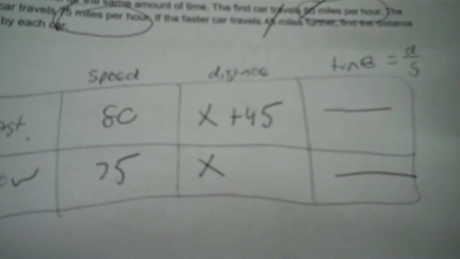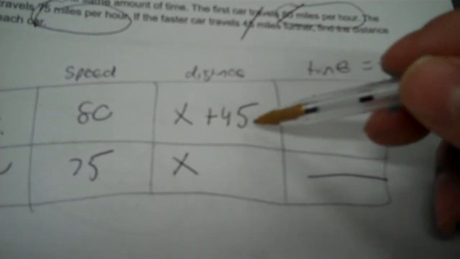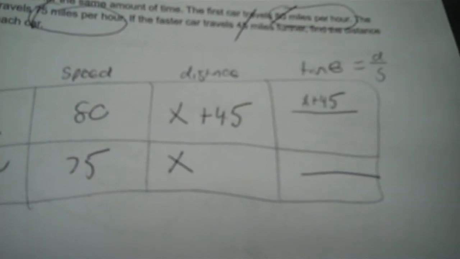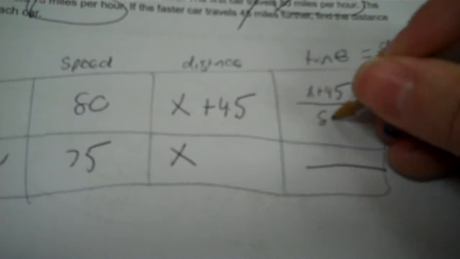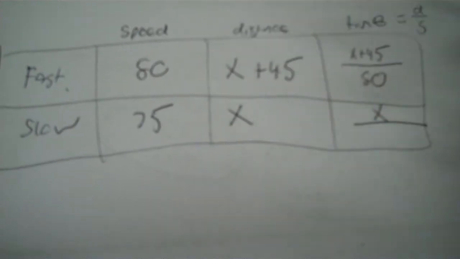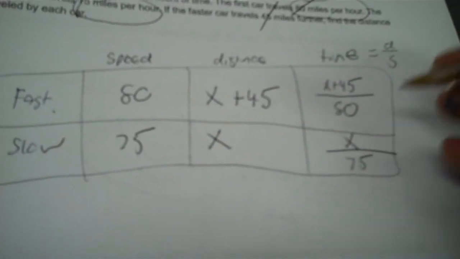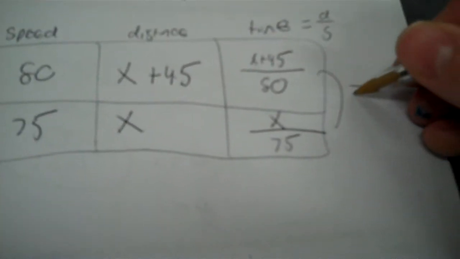So I take my distance, x plus 45, because I don't know the distance, but I use the expression I've written to represent the distance, and then 80 on bottom. Distance here is x, just an expression, and then I know my actual speed is 75. Okay, now the same amount of time means these are equal, okay?